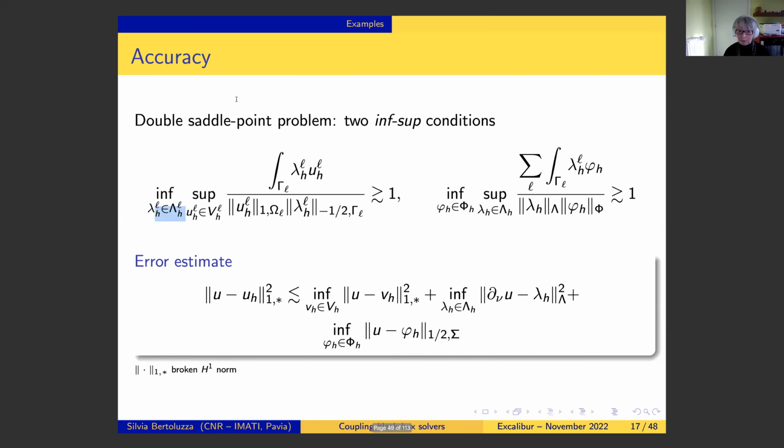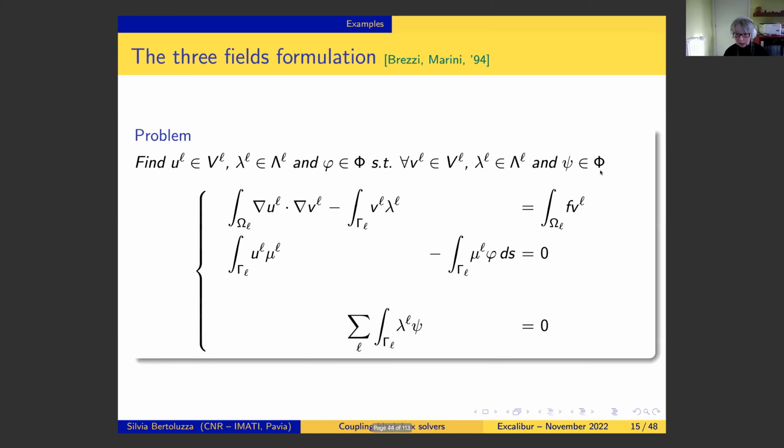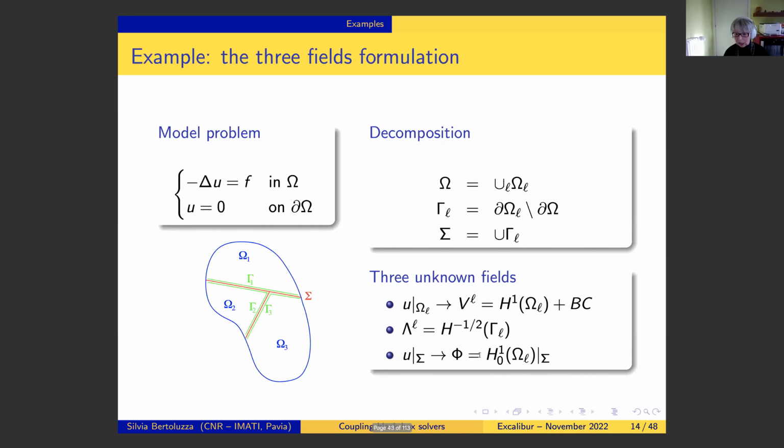Of course, this kind of discretization relies on the fact that I look for phi_h in this space Phi, which is the trace, the restriction of H^1_0 of Omega_L to the skeleton of the decomposition.